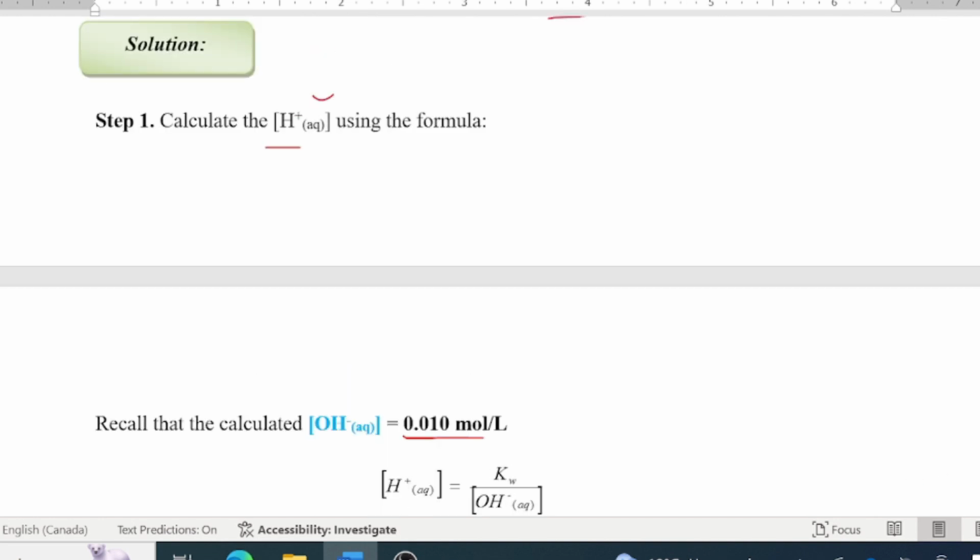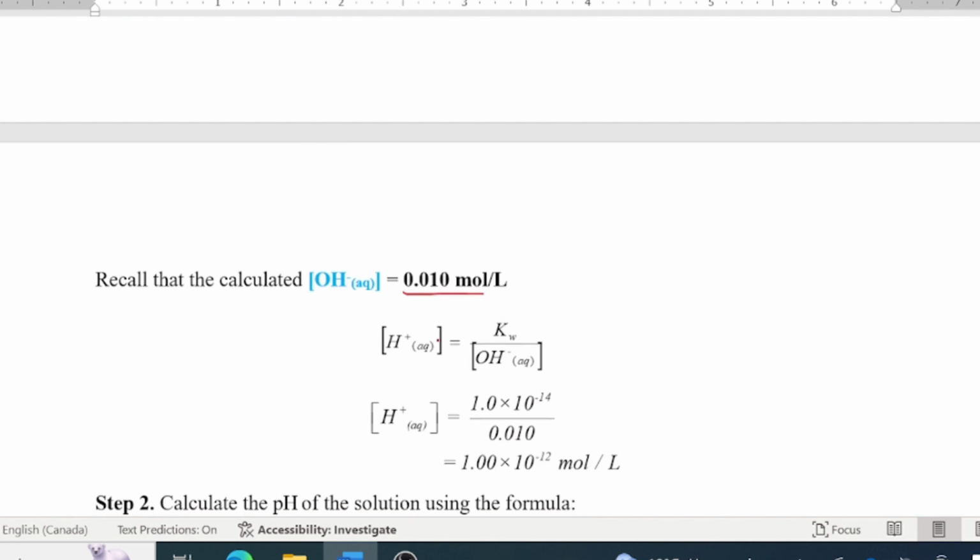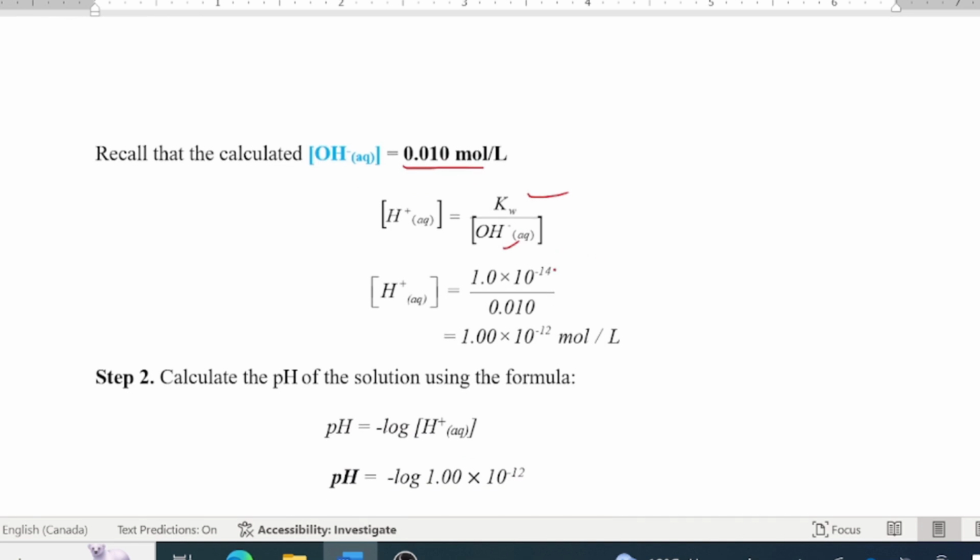So the H plus now is equal to Kw divided by what OH is. So we take what Kw is, divide by that, and we get what H plus is. See that? That's the concentration. You see how low H is? OH is this, because the OH is high.